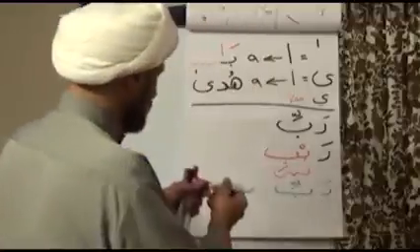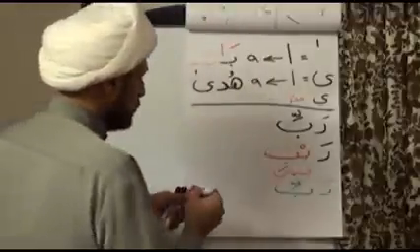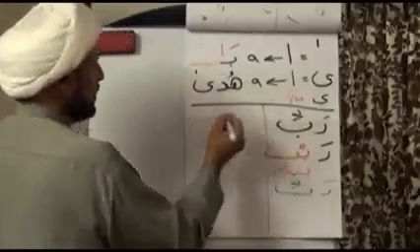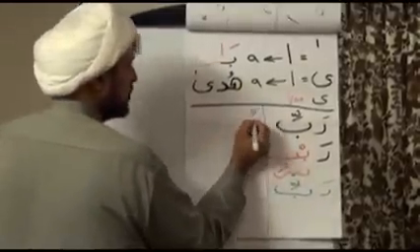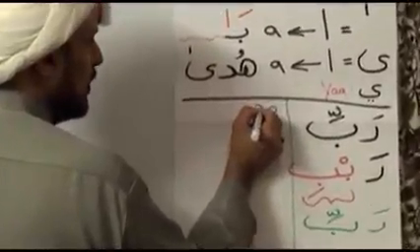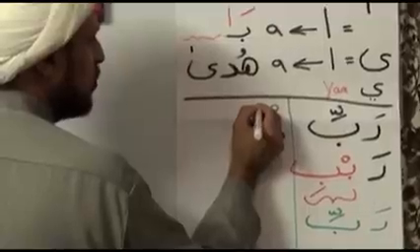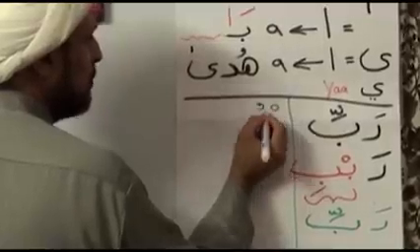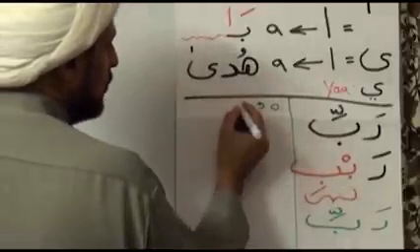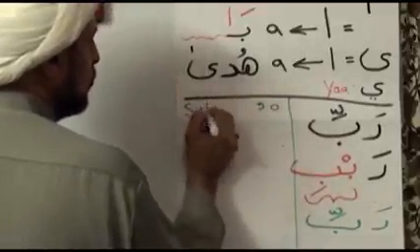Let me write this down so that you get the information about what sukoon is. Sukoon is a small circle, or sometimes they write it like a small C, a small comma. That means there's no vowel. This is called sukoon.